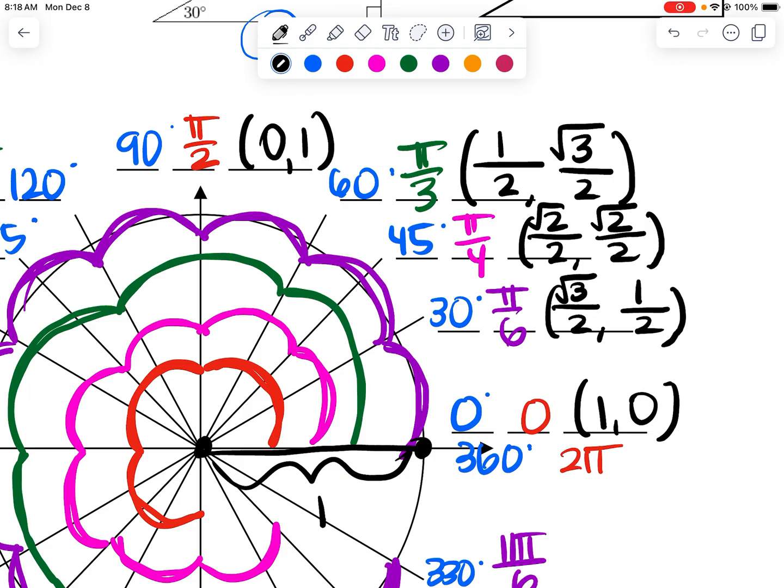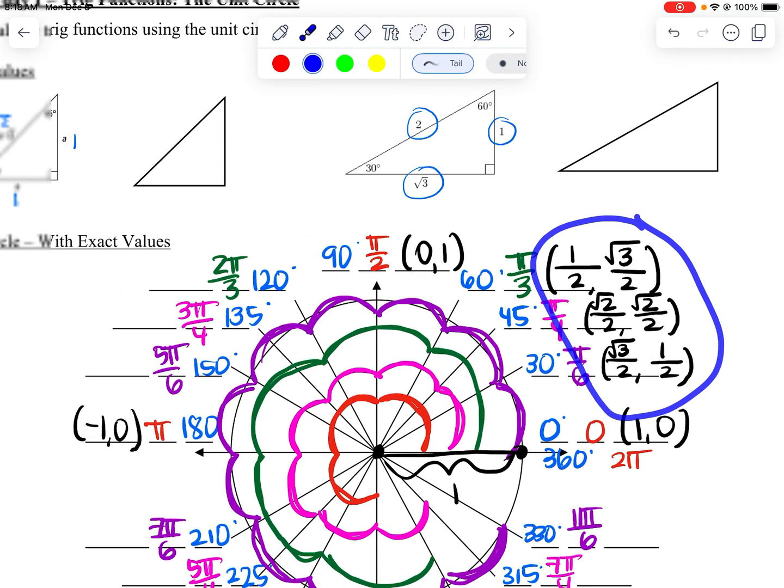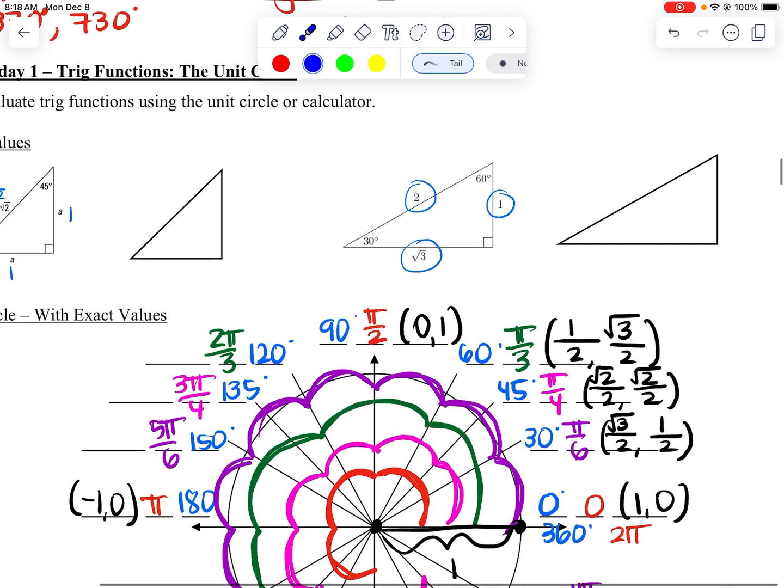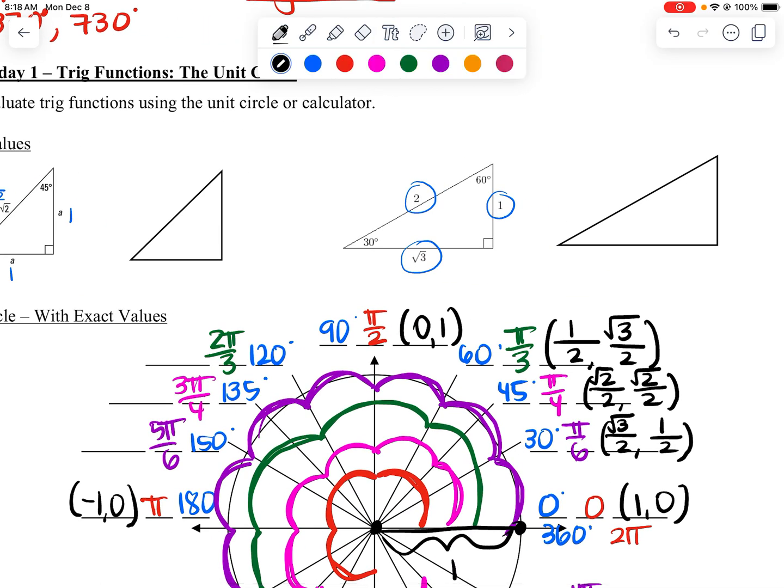And there you go. Now you might be wondering, where are these numbers coming from? So there are 2 special triangles. There's the 45-45 triangle. There's the 30-60-90 triangle. So if you think about this as your triangle, so this is square root 3, 1, and 2. Remember, if my degree is 30 degrees, sine is opposite over hypotenuse.